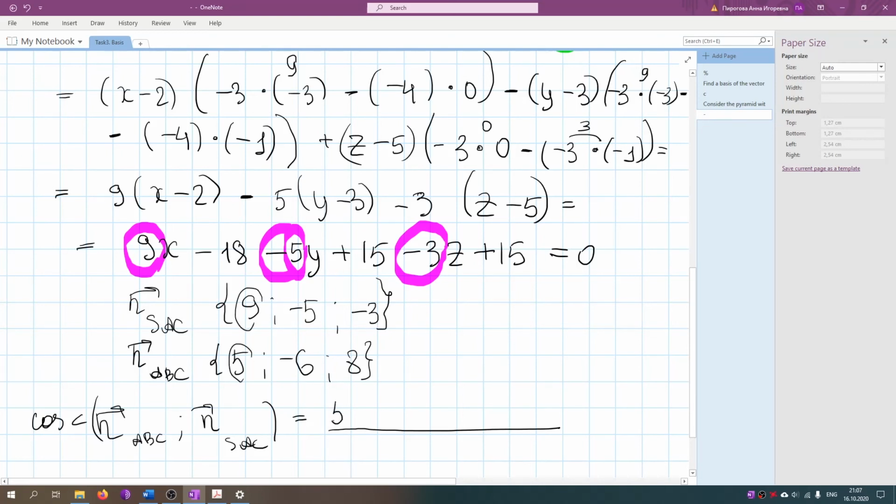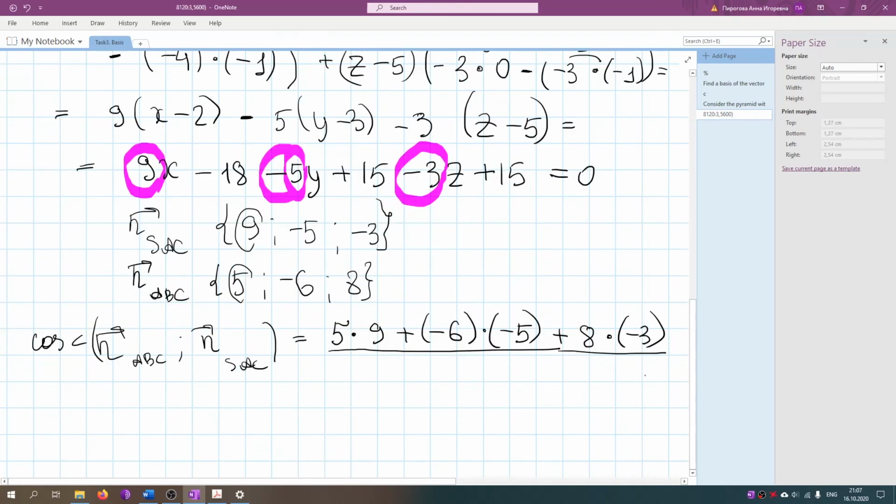It will be 5 multiplied by 9 plus -6 multiplied by -5 plus 8 multiplied by -3, and here we will have a square root of their squared coordinates.